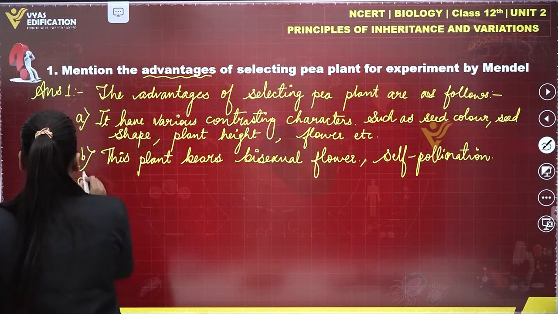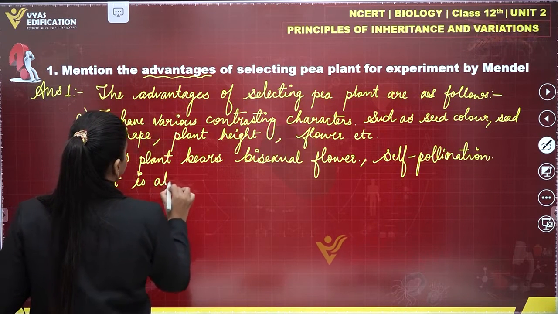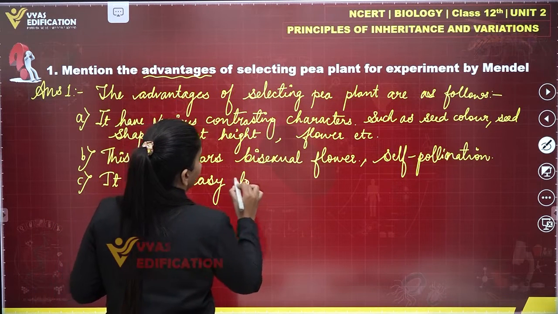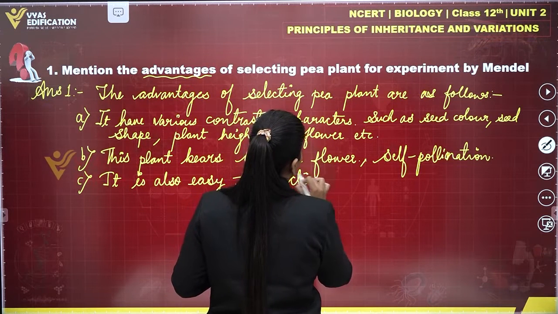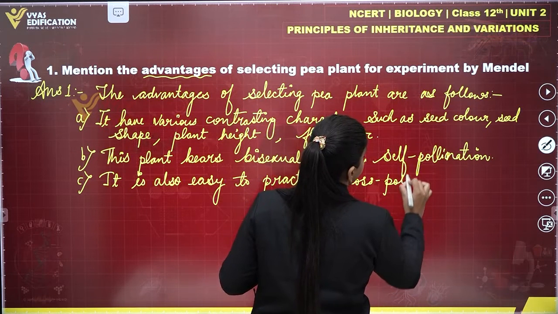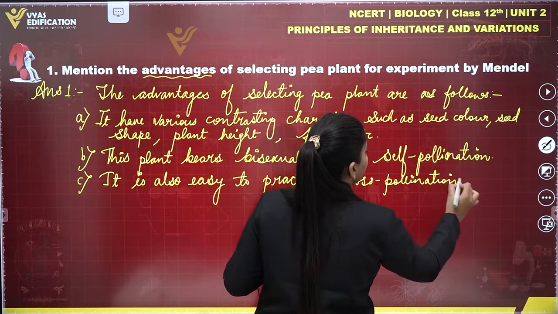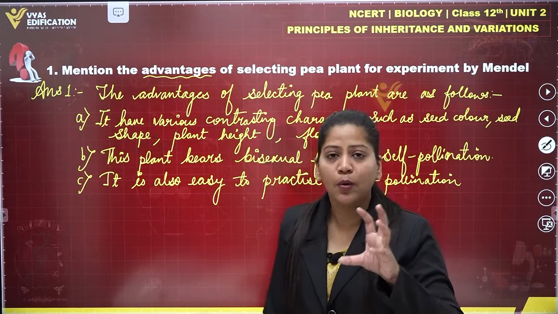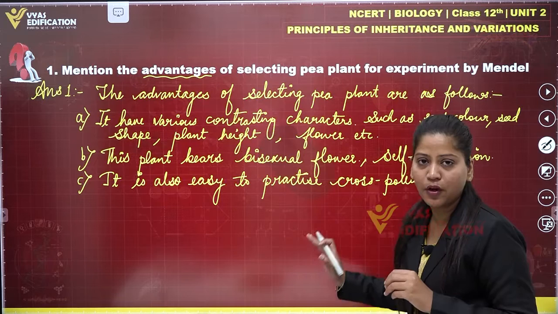It is also easy to practice cross-pollination in it. Cross-pollination can be done easily in the flower of a pea plant with the help of artificial hybridization.